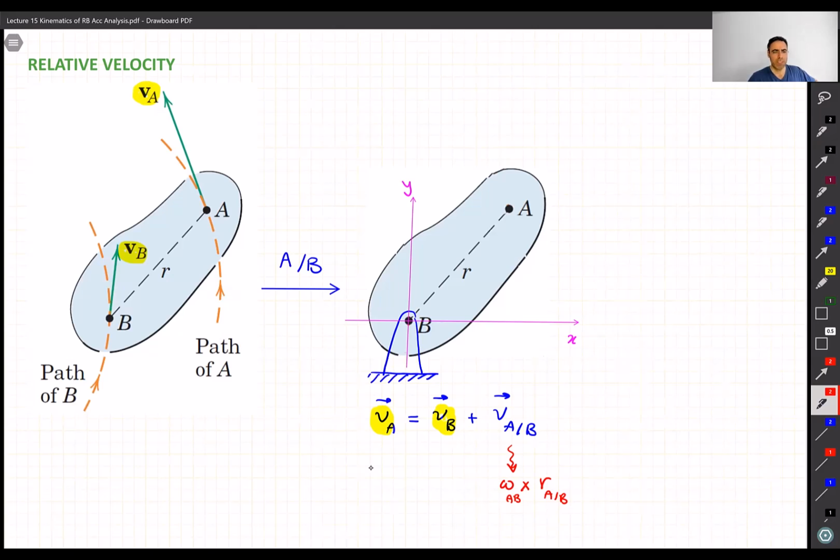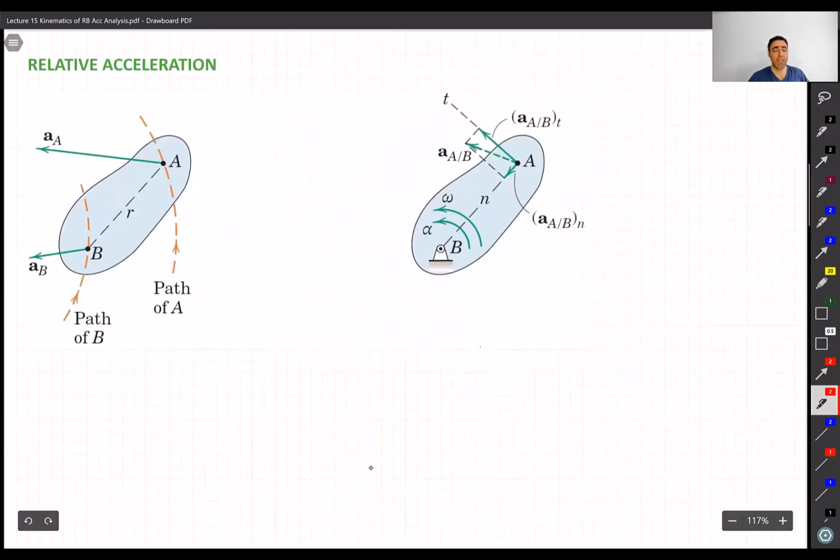Now we are going to do the same analysis for acceleration. And it looks a little bit complicated, but it's not. It's just some extra terms. Let's do it together, and please follow along to make sure that you can understand everything. So I have a scenario, the same AB part, and point A is moving on a path, point B is moving on a path.